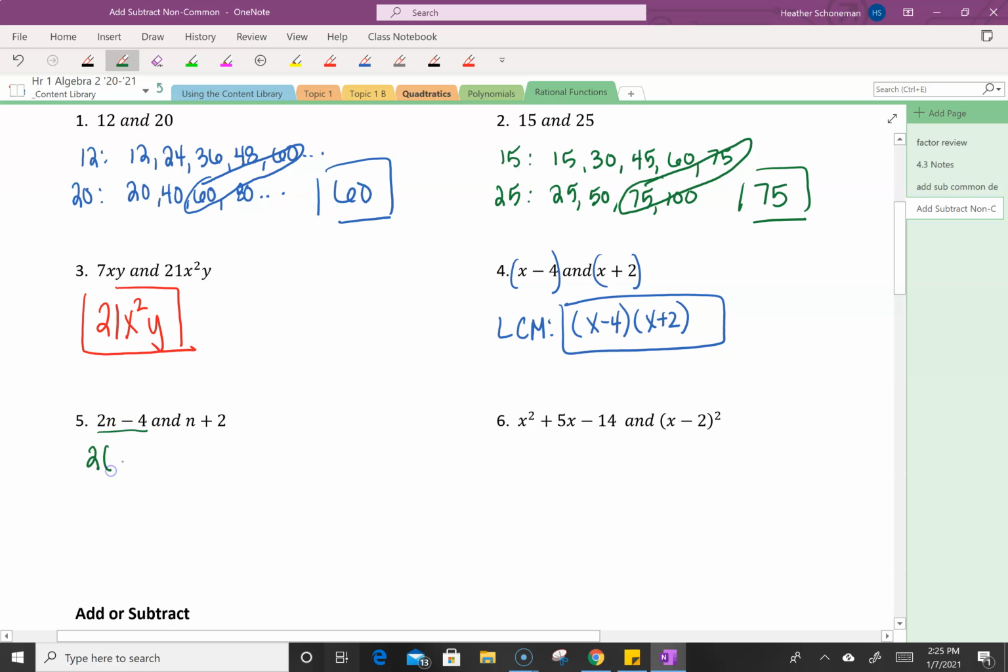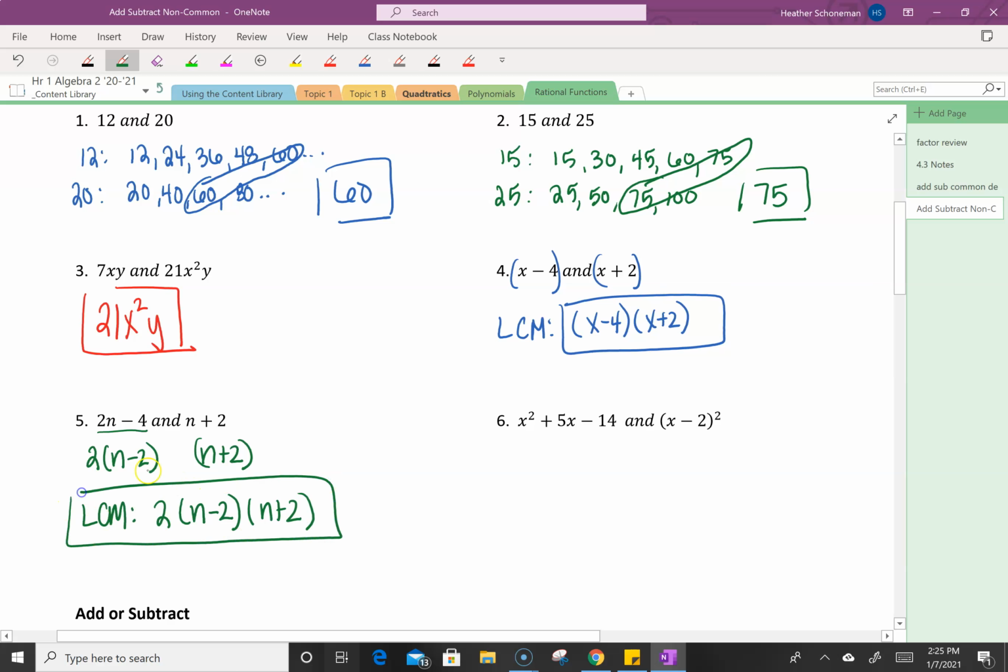I can take out a greatest common factor of 2, and I get n minus 2. And then this is its own group, which is n plus 2. In the least common multiple, everything has to be represented. So I have a 2, an n minus 2, and an n plus 2. This whole thing is the least common multiple.